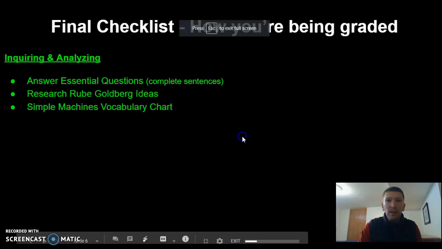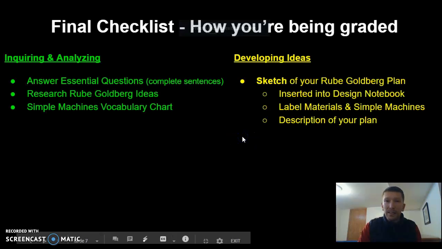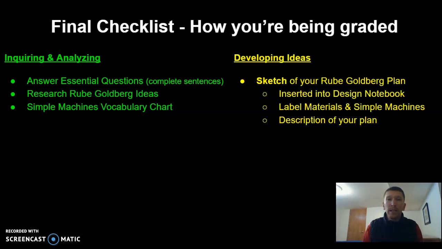Your second grade then is going to be developing ideas. This was your planning part. Before you actually built, you had to have a plan, and we need to have proof of that plan. The only way to do that is if you shared it in your design notebook. For that, we need to see your sketch.